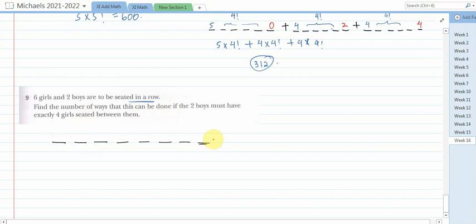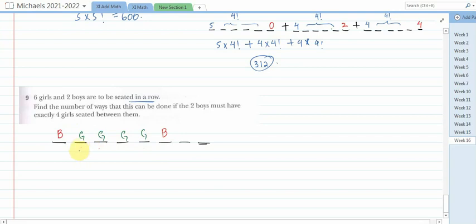The condition says that the 2 boys must have exactly 4 girls seated between them. So let's suppose the first one is a boy. 1, 2, 3, 4, and this one is a boy. Right? So there are 4 girls seated between them. So how many cases are there? That is my first case.